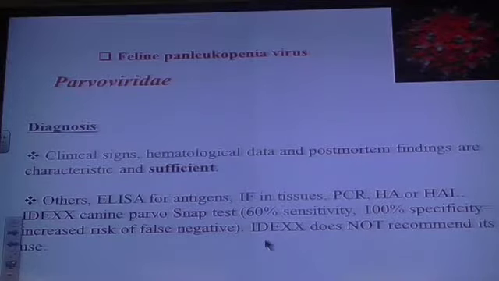And if you look at the IDEXX website, IDEXX formally does not recommend this test for panleukopenia. So one has to take this into consideration. You can use this test, but you have to use other tests which have higher sensitivity. For example, the traditional ELISA for antigen can be used, or PCR.